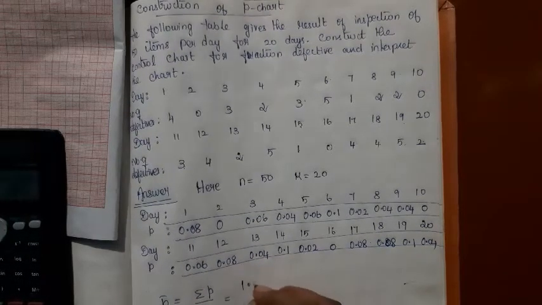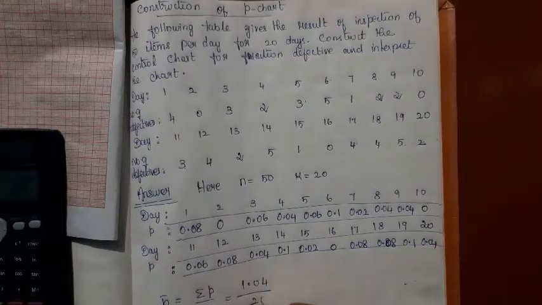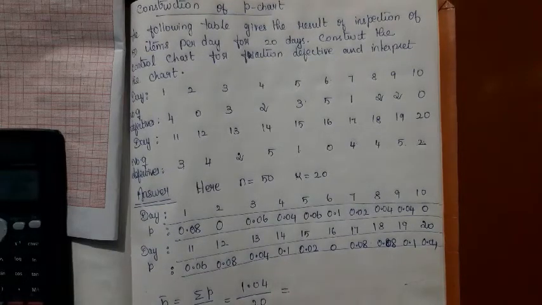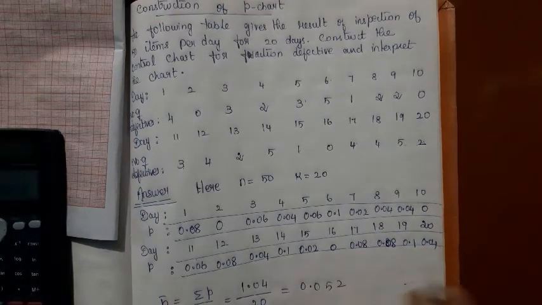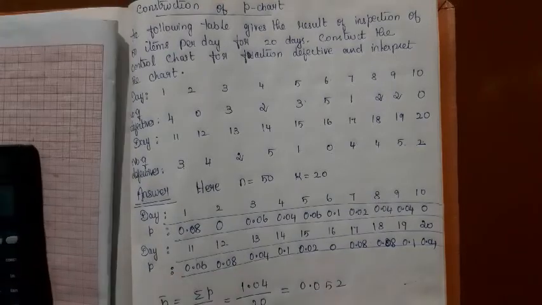You get 1.04, and if you divide it by 20 because you have 20 values, you get 0.052. This is your P bar.